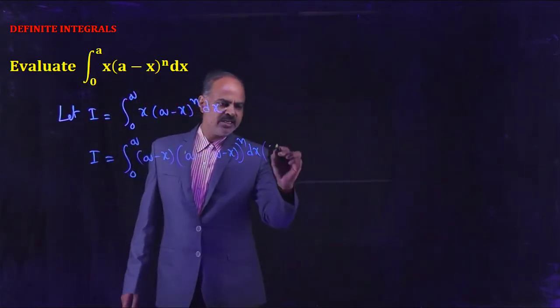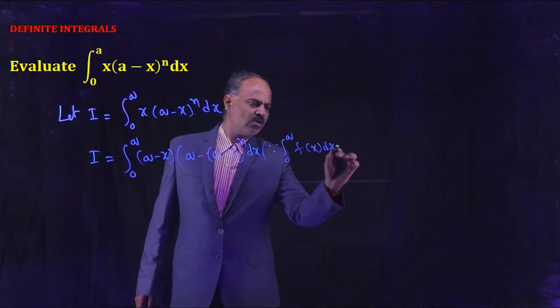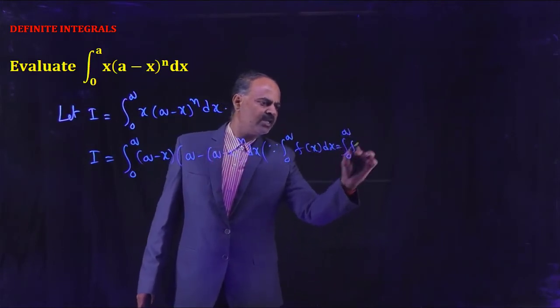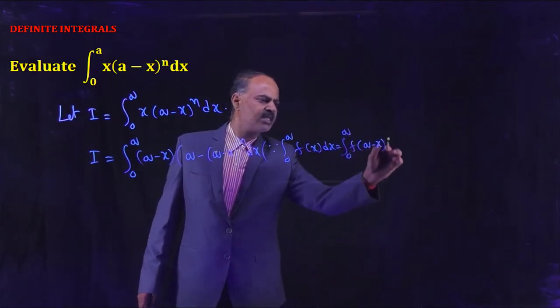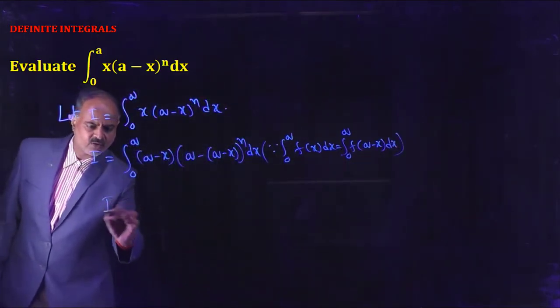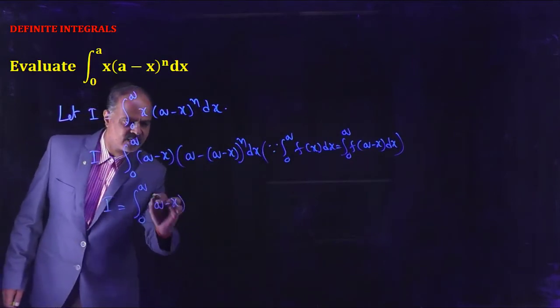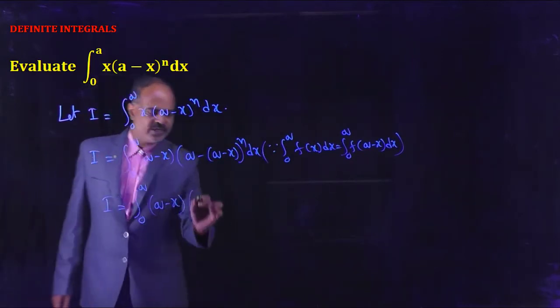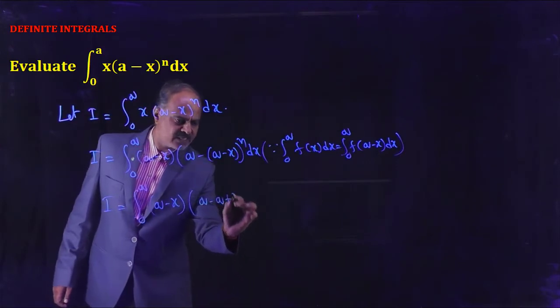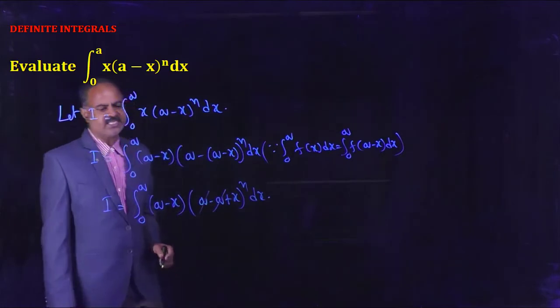Since integral 0 to a f of x dx is equal to integral 0 to a f of (a minus x) dx, now I is equal to integral 0 to a of (a minus x) into (a minus a plus x) whole to the power n dx. Here minus a and plus a get cancelled.